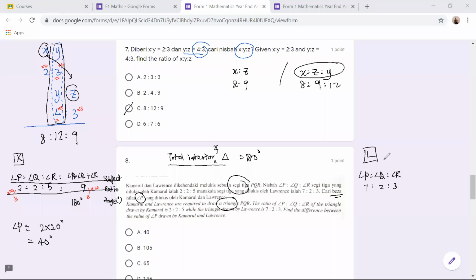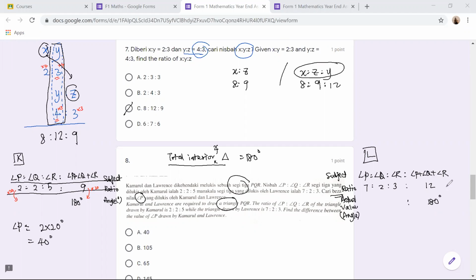Okay? On the other hand, same thing goes here. We also take angle P plus angle Q plus angle R. The first line will always be the subject, the second line the ratio, the third line the actual value, which here is the angle in degrees. So the total of the ratio will be 12, and the actual value will be the total interior angle, 180 degrees. How do you get from 12 to 180? What do you multiply with?